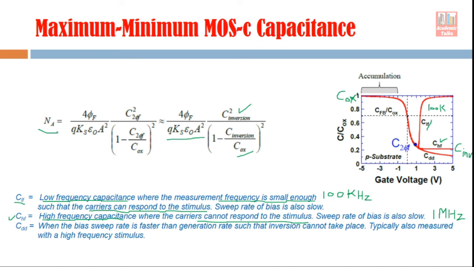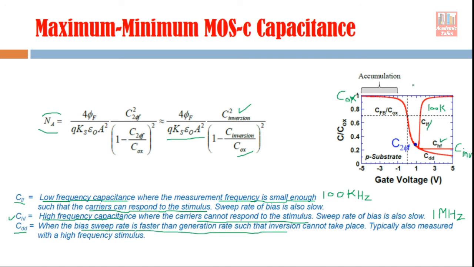The only new thing is the last slide, where I was explaining the equation where we can put the maximum and minimum capacitance values to find out the carrier concentration or the dopant concentration. This equation is reproduced. And the CDD, I was telling, is deep depletion. It occurs when the bias sweep rate is faster than the generation rate.